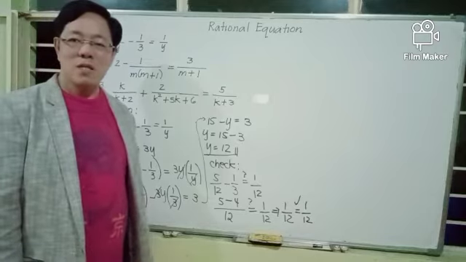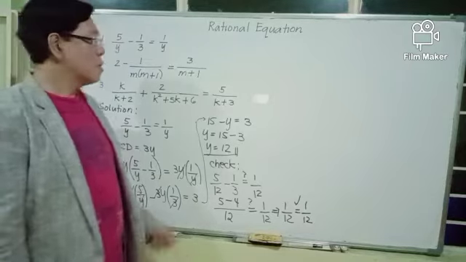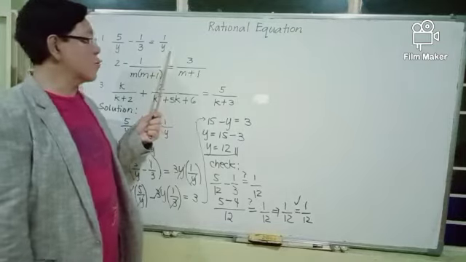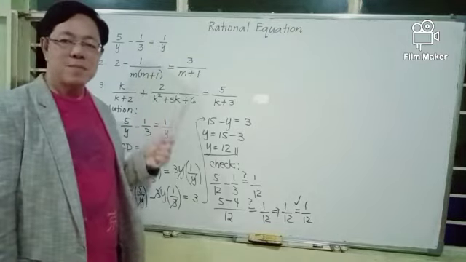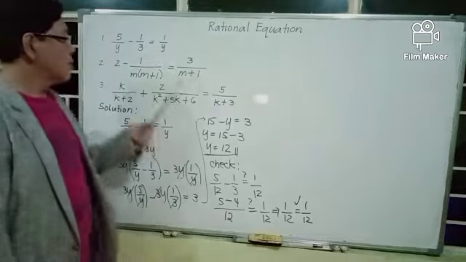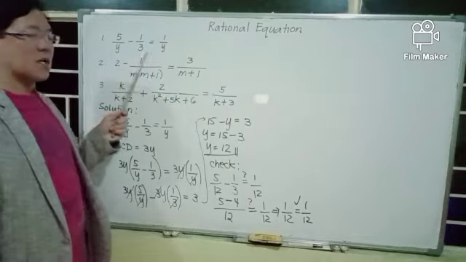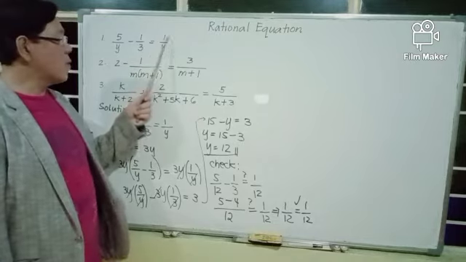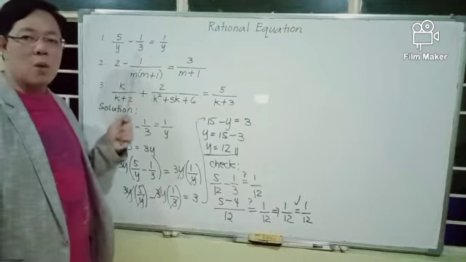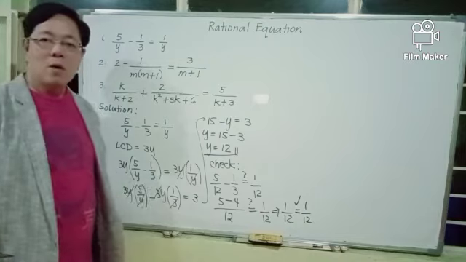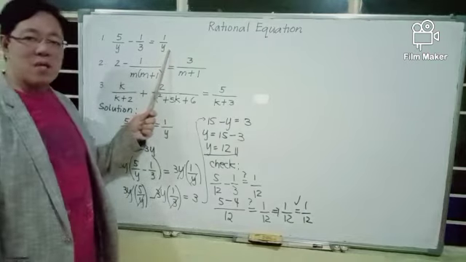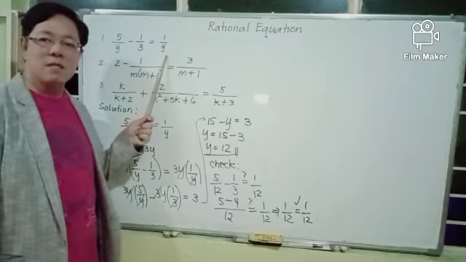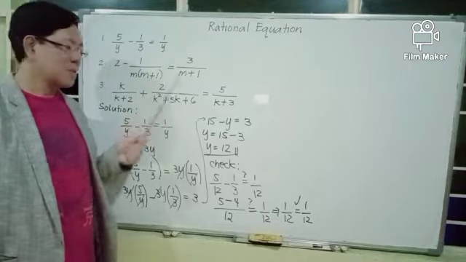And so in the solution, we must exclude those values of the variable in the given rational equation that will make the denominator undefined. For the first rational equation, the only value of y that will make 1 over y or 5 over y undefined, or the only value of y where you will have 0 in the denominator is y equals 0.